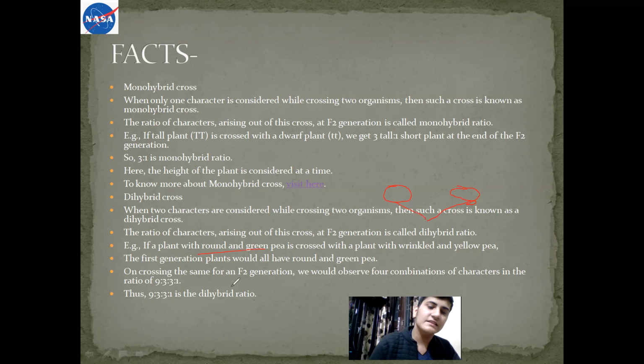On crossing the F1 generation, in the F2 generation we will observe four combinations of characters in the ratio of 9:3:3:1. Thus 9:3:3:1 is the dihybrid ratio.